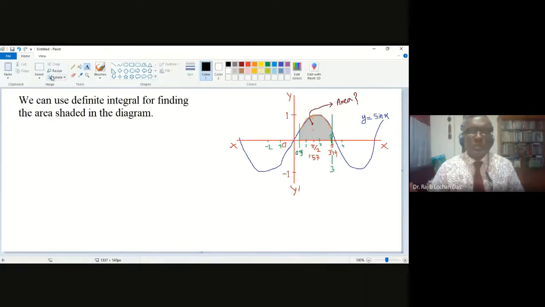What is the lower boundary and upper boundary? You will just pick up the numbers from the question, from the diagram.